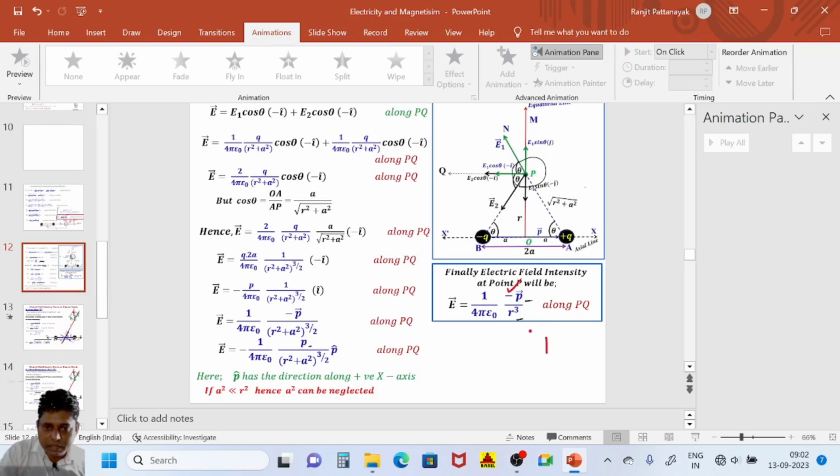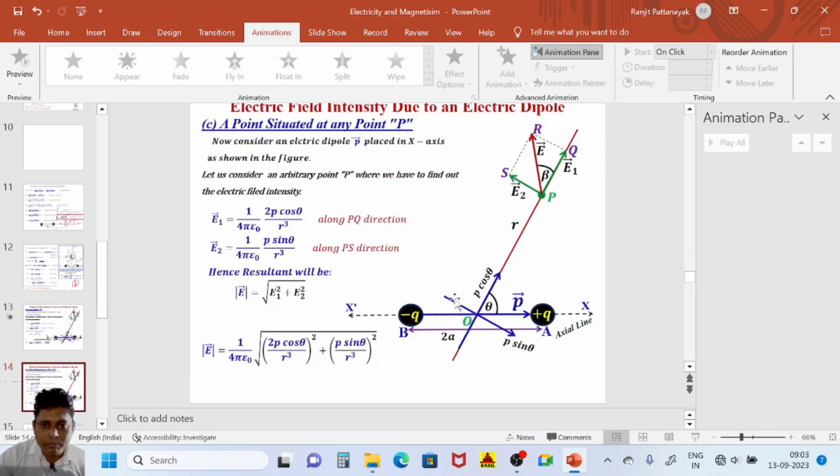Here the dipole moment was the P vector, so it will be P by r cubed. In this situation, instead of P, P sin theta is there, so at point P, due to the P sin theta component, the electric field intensity E2 will be 1 by 4 pi epsilon 0 times P sin theta by r cubed.